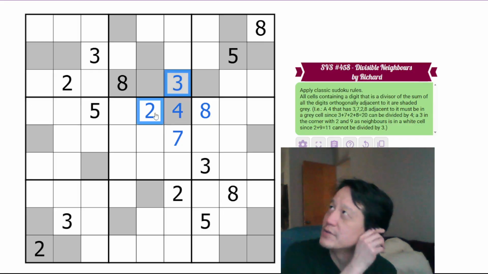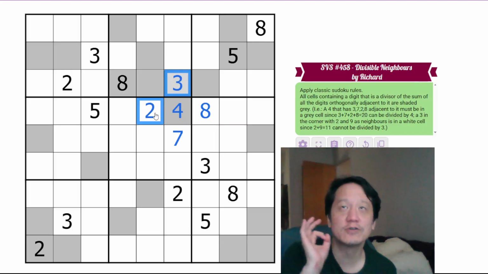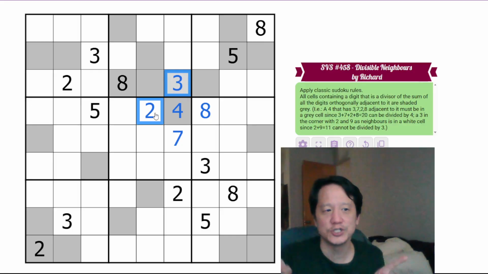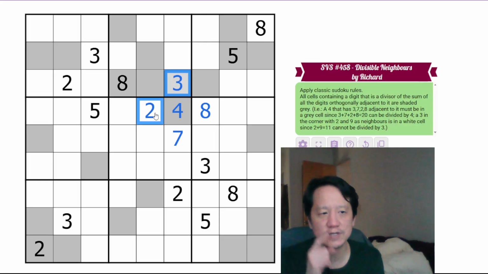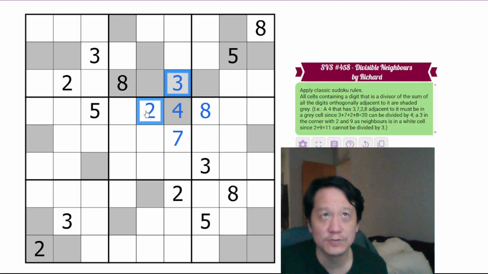Is that right? No, hold up. A digit in a gray cell can evenly divide into the sum of the digits that share an edge with the cell that the digit is in. I think that's the way I would put it.